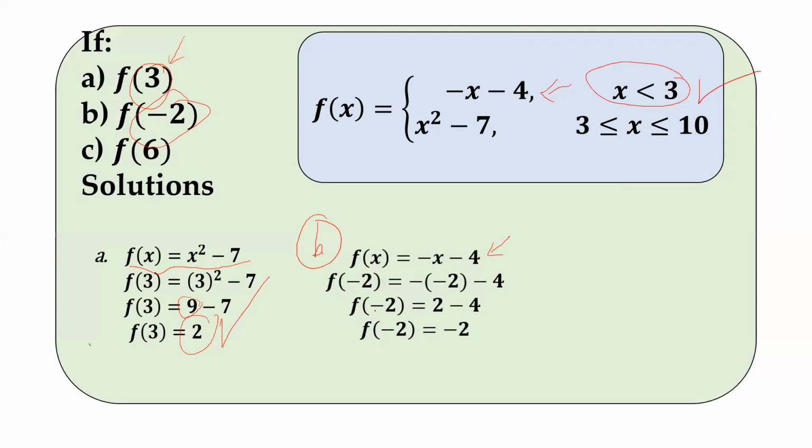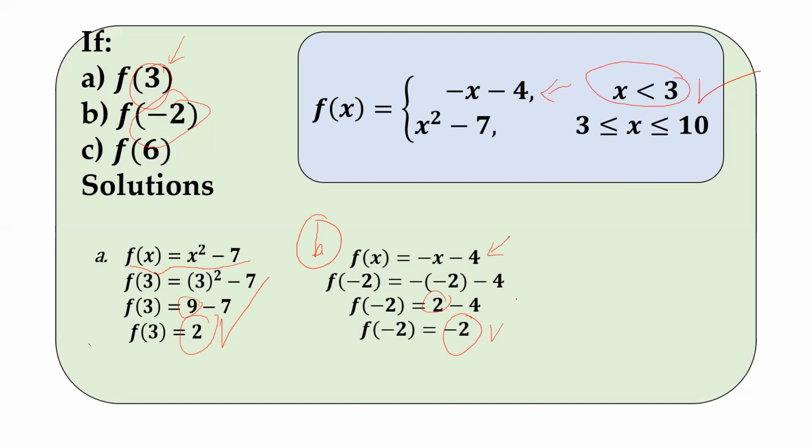Next, negative times negative 2 would give us positive 2. Bring down negative 4. Simplify your answer. 2 minus 4 is equal to negative 2. Now, this is the final answer for letter B.